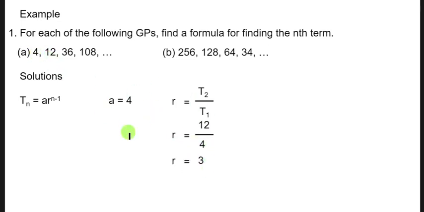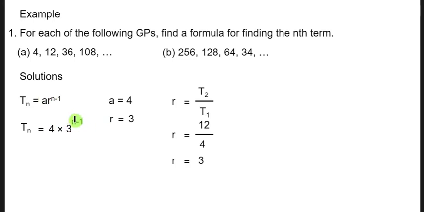All right, so we know now R is equal to 3. It is important to put your information like this so that you are clear about what you're about to do. Then you substitute: Tn is equal to A, which is 4, times R, which is 3, and this 3 must be raised to the power n minus 1.